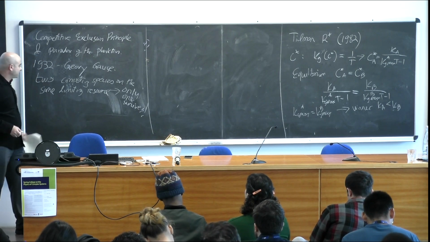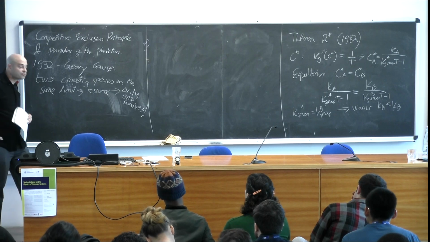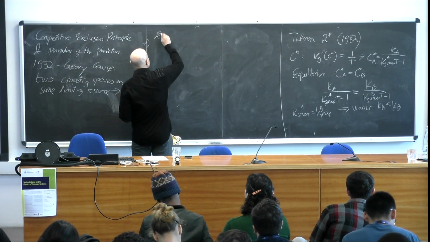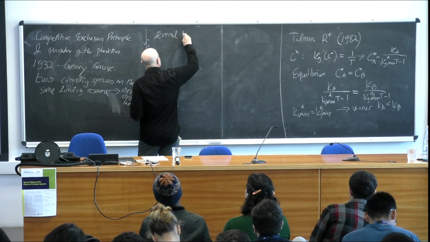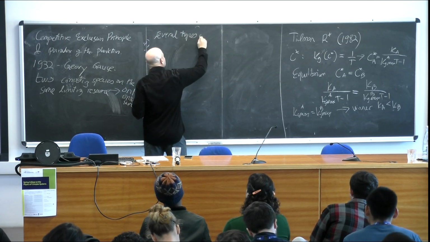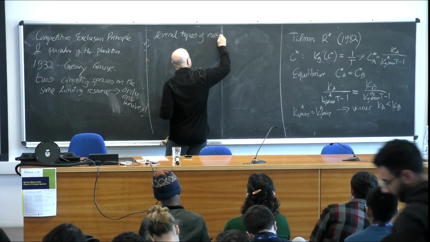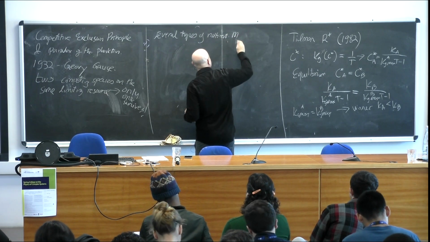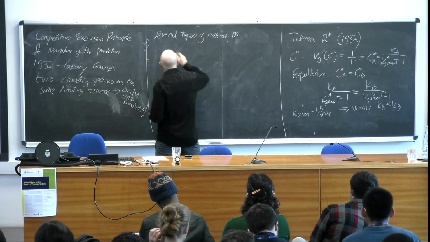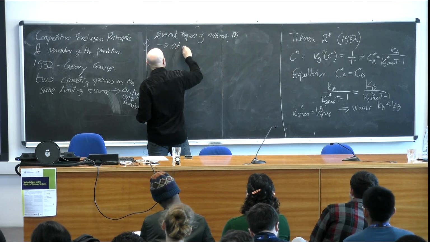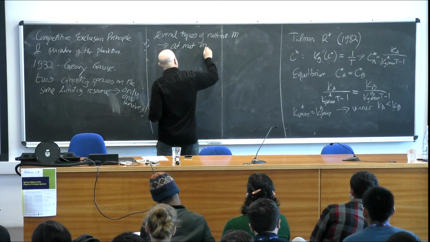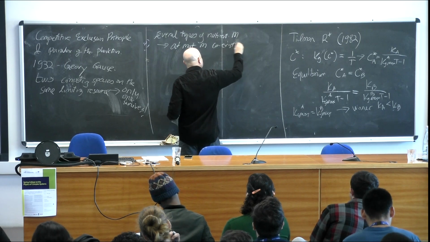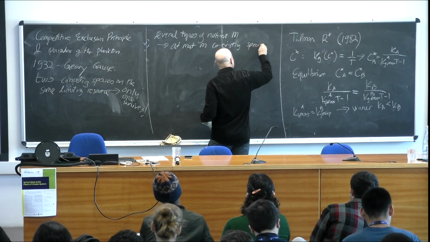Okay, if you have several types of nutrient, let's say we have M nutrients, then you can have at most M coexisting species.